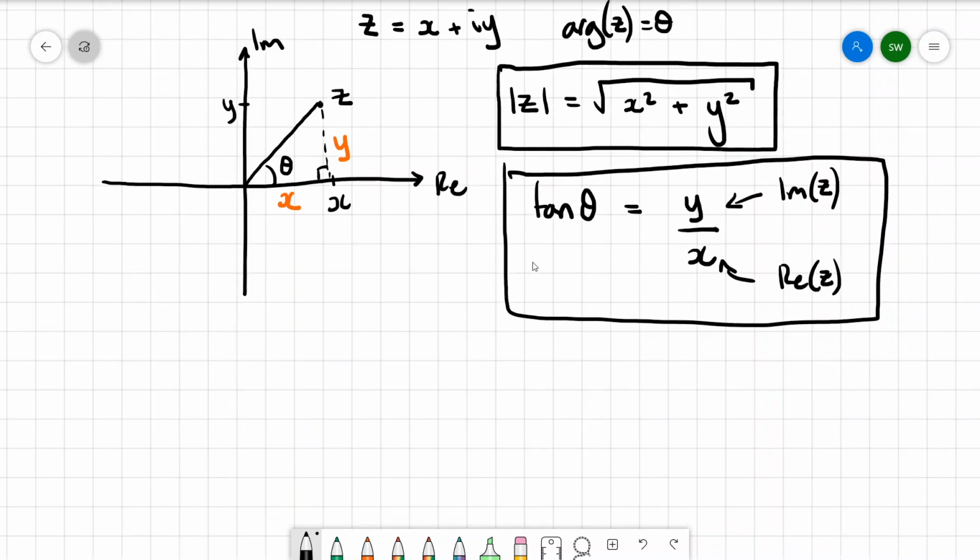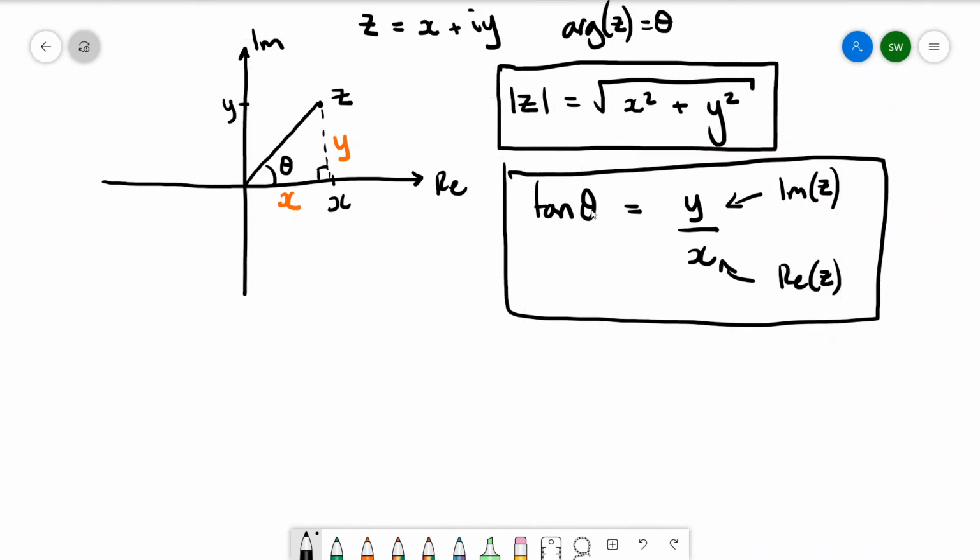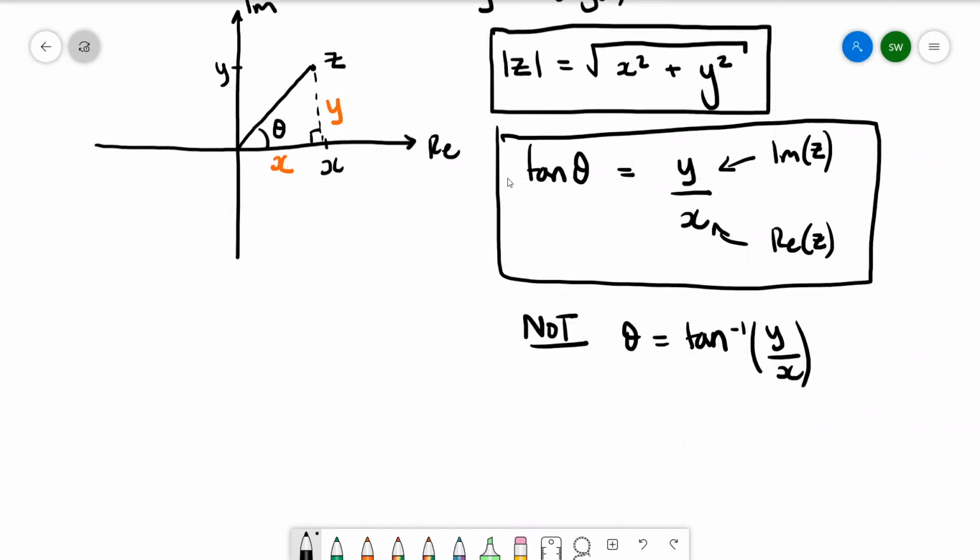You've got to be really careful when you use this formula though. Notice that I've not said that theta is just equal to inverse tan, or arctan, of y over x. That's because this equation has two solutions in the principal argument range between minus pi and pi.